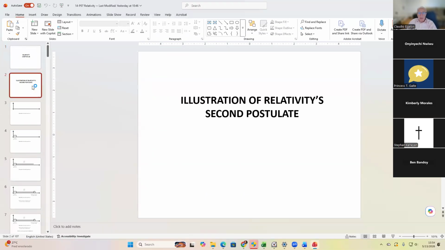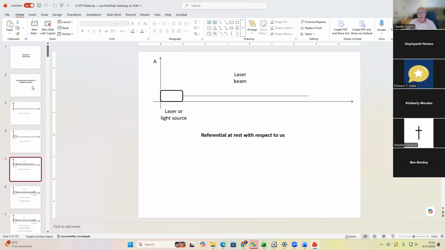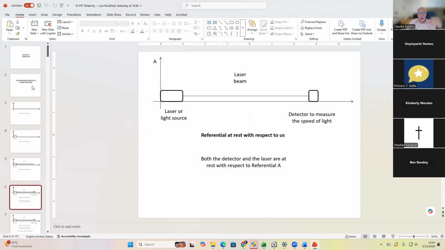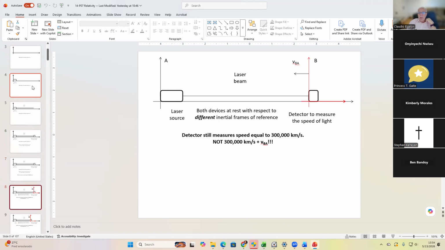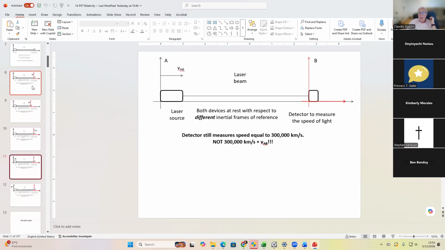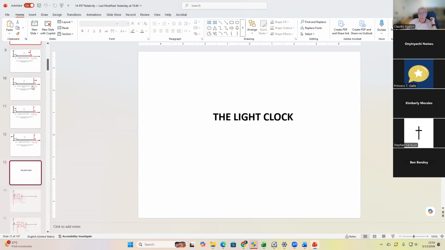And here you go, the second postulate, right? No matter whether the two frames of reference are at rest with respect to each other, or moving towards or away from each other, no matter what the situation is, the velocity of light will always be measured as being 300,000 kilometers per second.